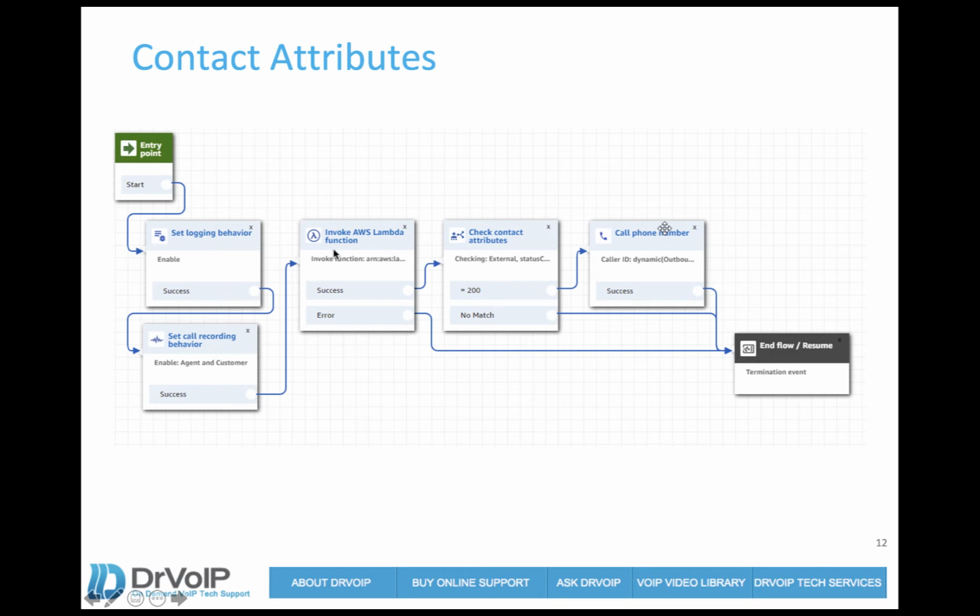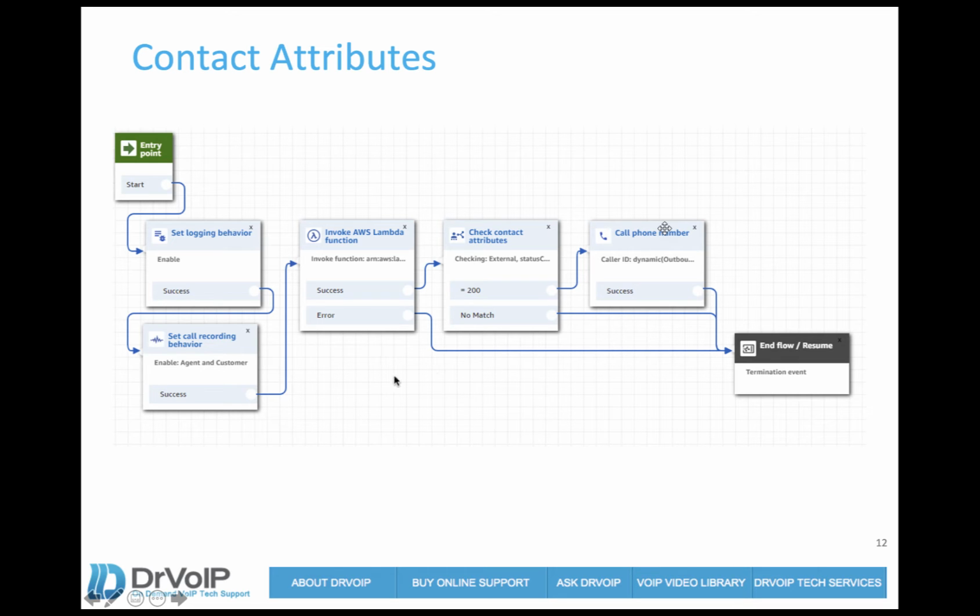So apparently, in this contact flow, we go out into a database based on caller ID or some other parameter. We bring back the information. We're going to check that contact attribute. And apparently it looks like here, if it's equal to the number 200, we want to call a telephone number.